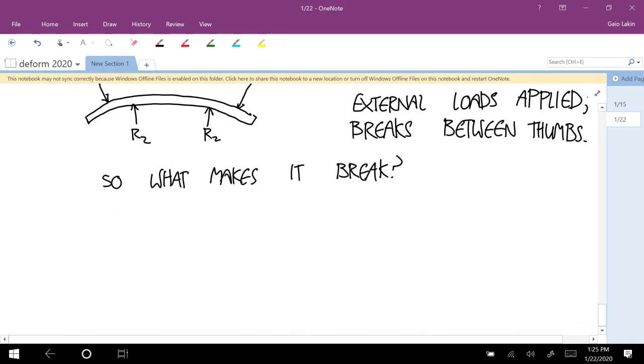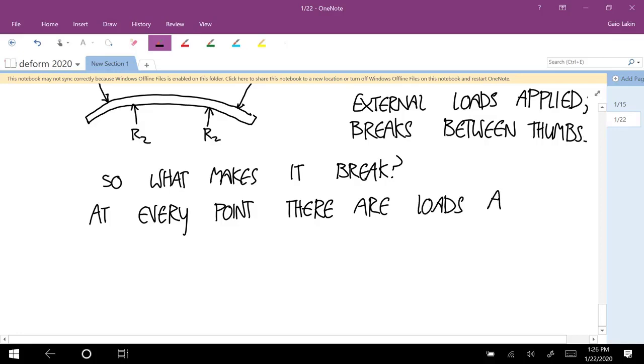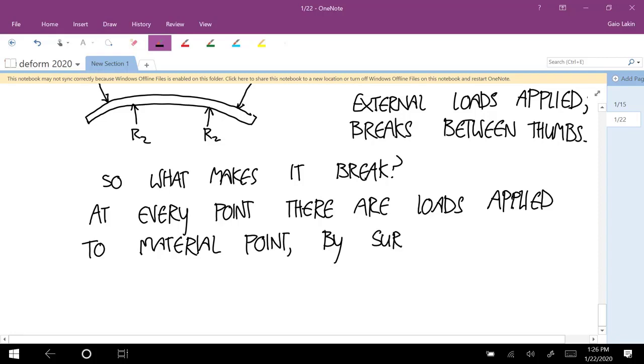And the answer is at every point, there are loads applied to the material point by the surrounding material that keep that point in equilibrium.